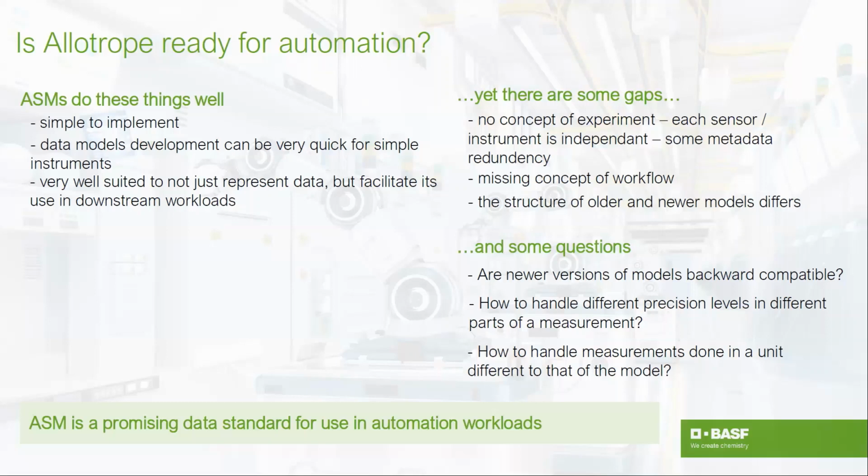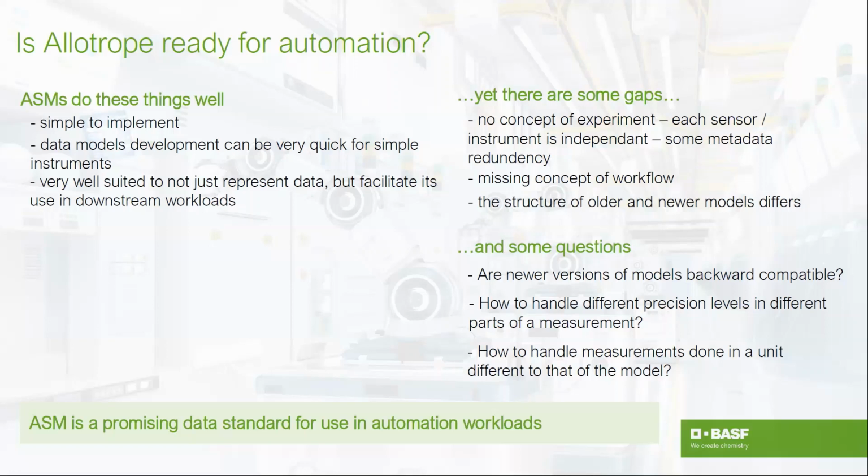Having presented the results internally, I got a few questions back. So I've put three here to start the discussion for tomorrow. The first one was, okay, great to have different versions of models, but are the newer versions backward compatible? Are we going to run into issues later on down the line?